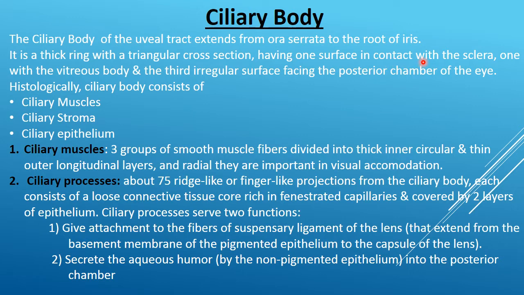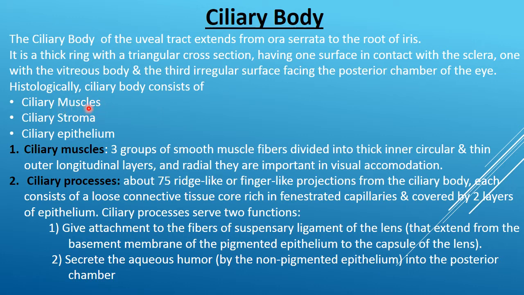One surface, the outer surface, is in contact with the sclera, and the inner one is towards the vitreous body. It is attached to that vitreous body. And the third one is an irregular surface, which has the ciliary processes facing towards the posterior chamber of the eye and the lens, making the base of that triangular shaped ciliary body.